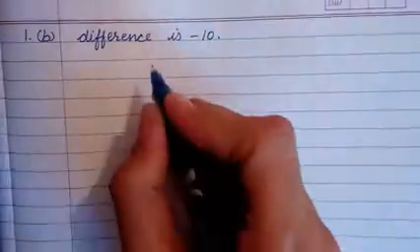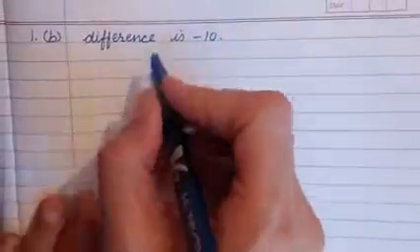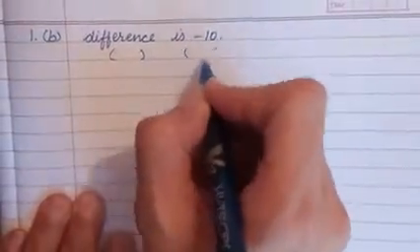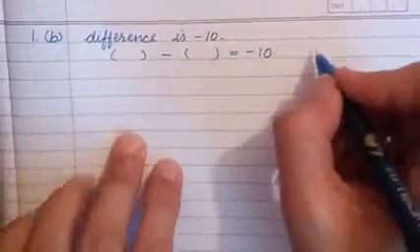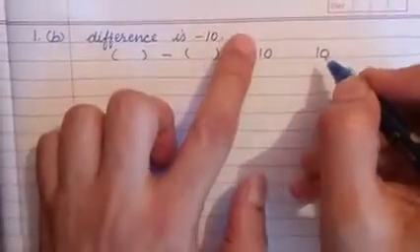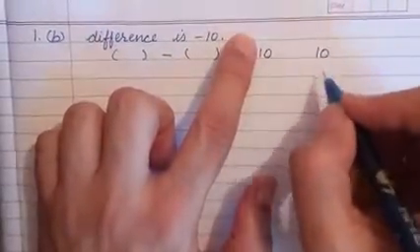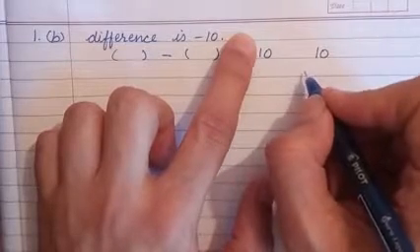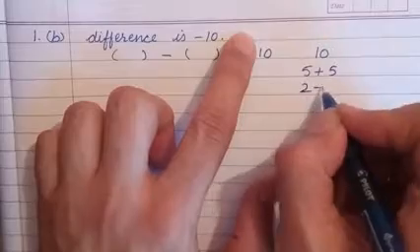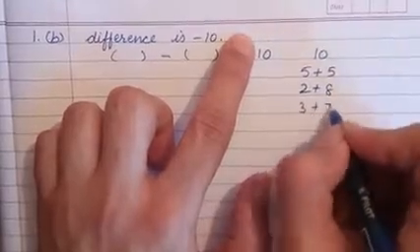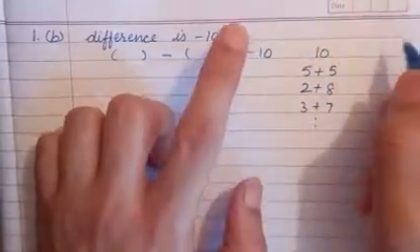Second part, it says to write down a pair of integers whose difference is minus 10. Now 10 comes, we will see only this number 10 first. 10 comes when we are adding 5 plus 5, 2 plus 8, 3 plus 7, so many possibilities here.